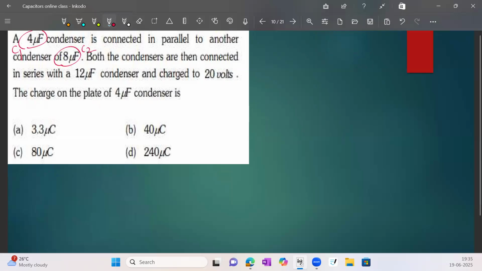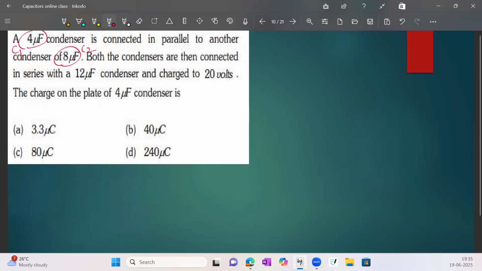Both the condensers are then connected in series with an 8 microfarad capacitor. 4 and 8 are connected in parallel. Both the condensers are connected in series with the 12 microfarad condenser and charged to 20 volts. Then what is the charge stored on the 4 microfarad capacitor, they asked.